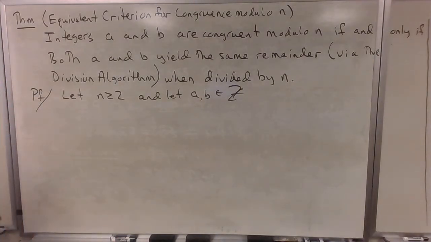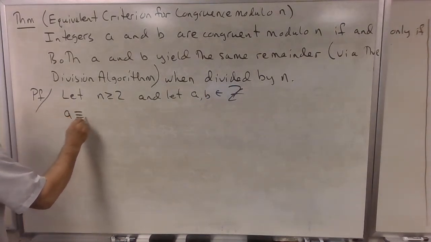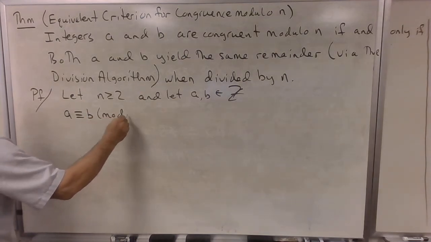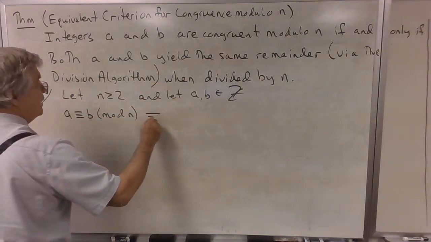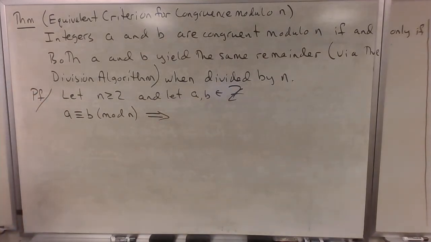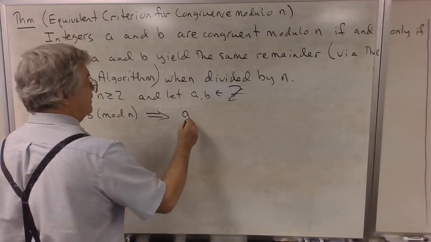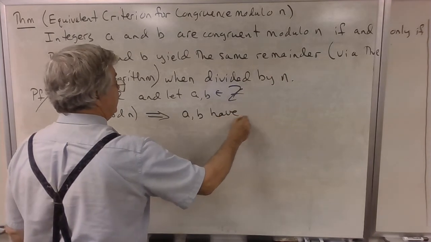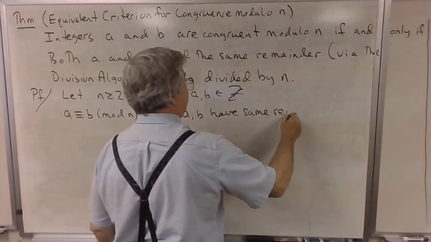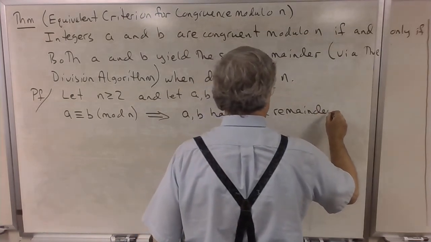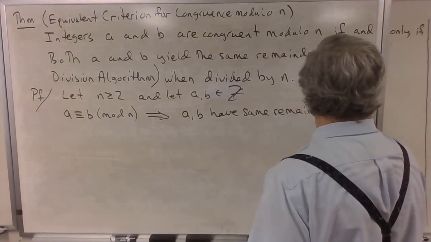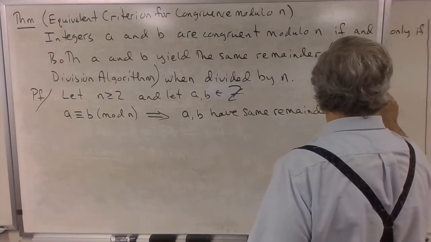We want to show that a congruent to b mod n implies that they have the same remainder when we divide by n.